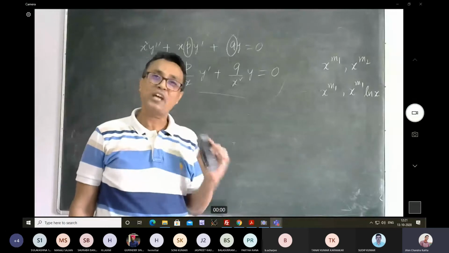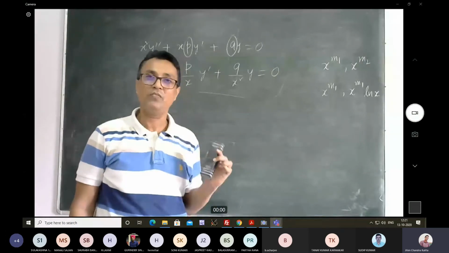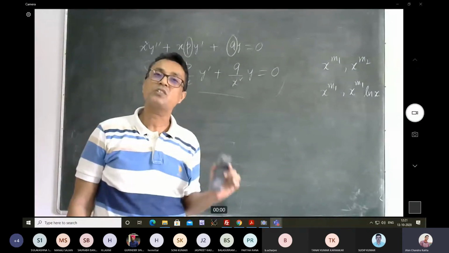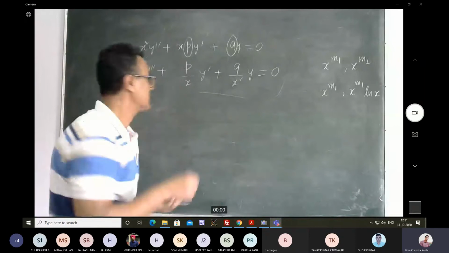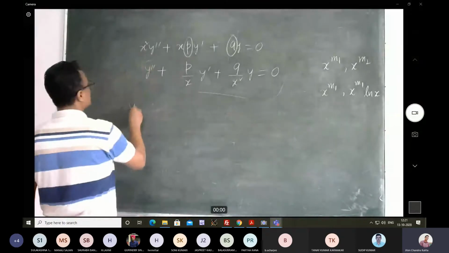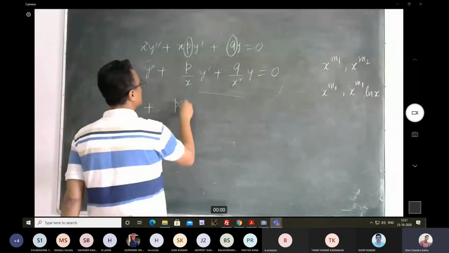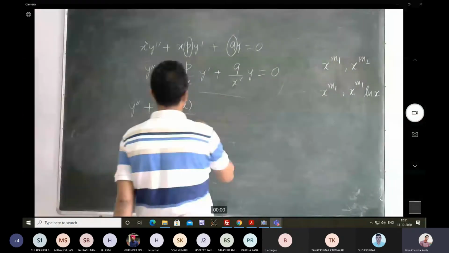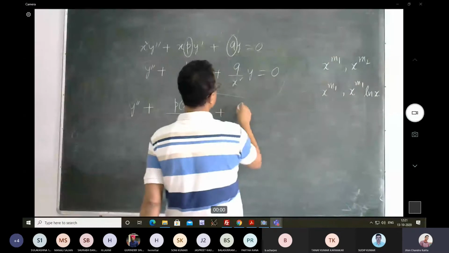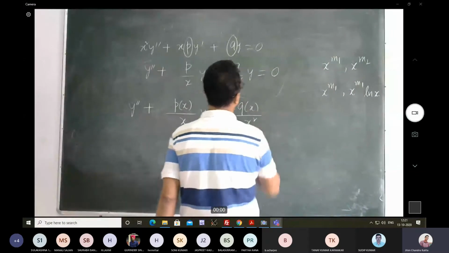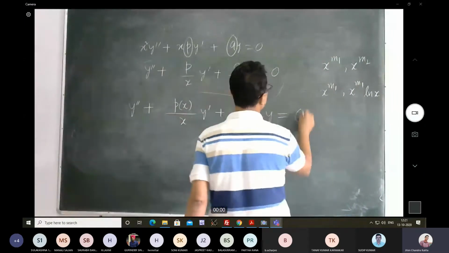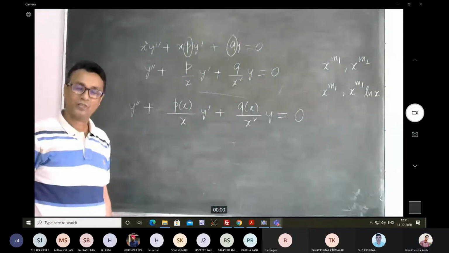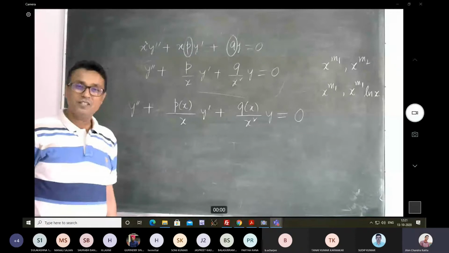So the most general form of a second order differential equation having regular singular point x equal to 0, I can definitely write as something like this. So instead of p being a constant, now p is a function of x. Similarly, q is a function of x, and this is equal to 0. Is it okay?